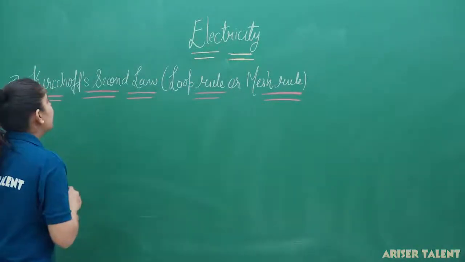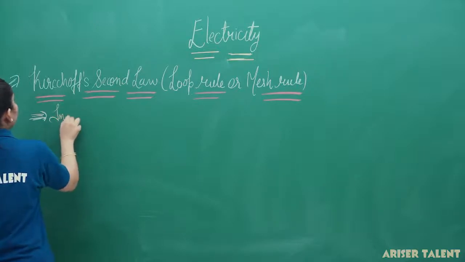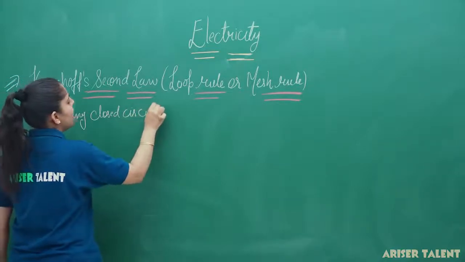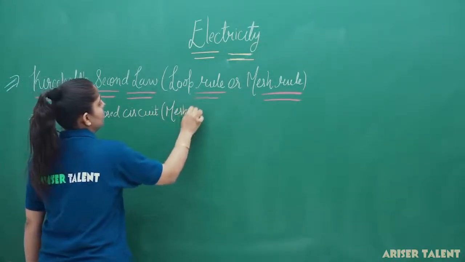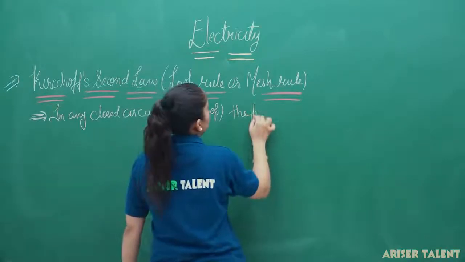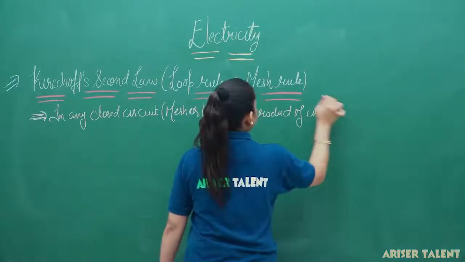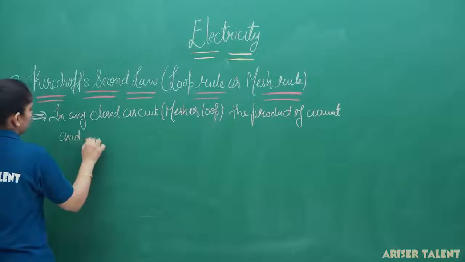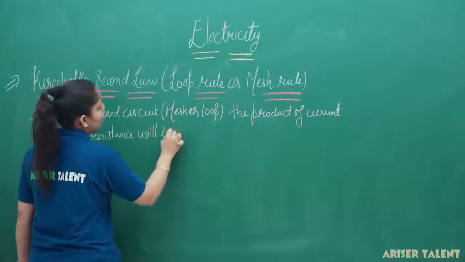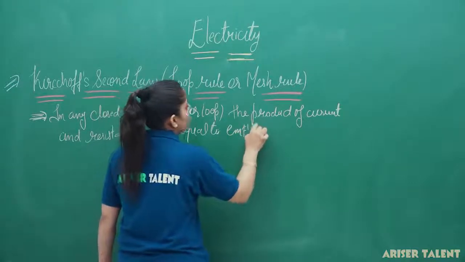So the statement of Kirchhoff's second law is that in any closed circuit, the closed circuit is known as mesh or loop, the product of current and resistance will be equal to the EMFs of that cell.